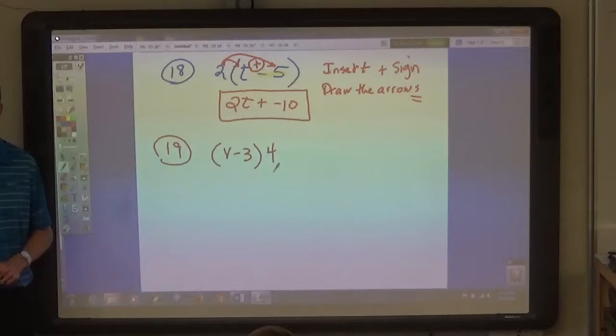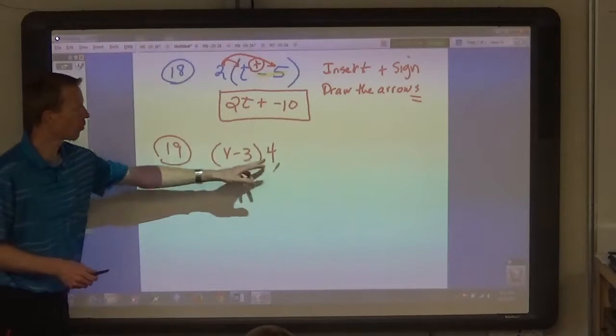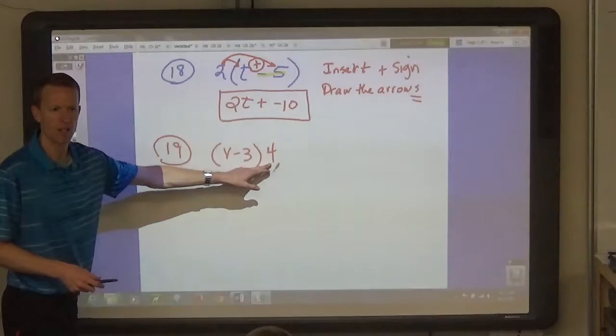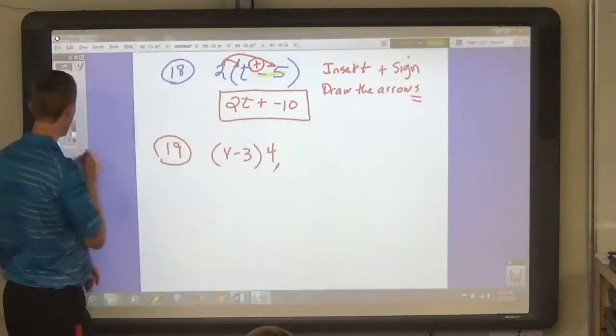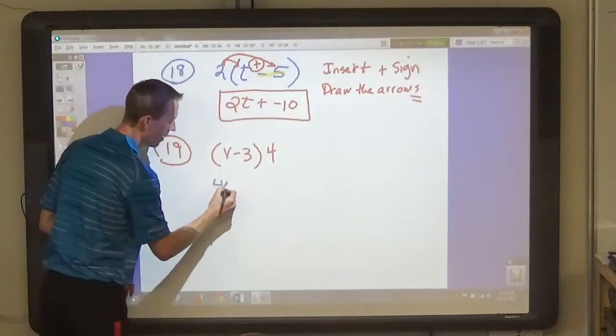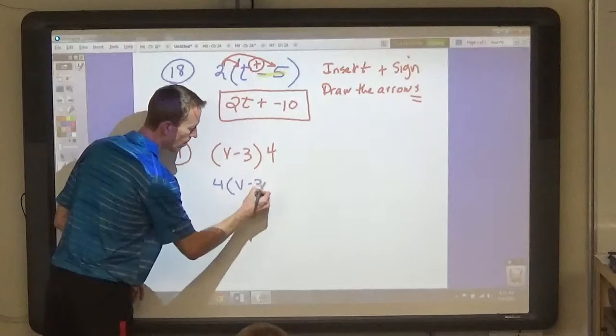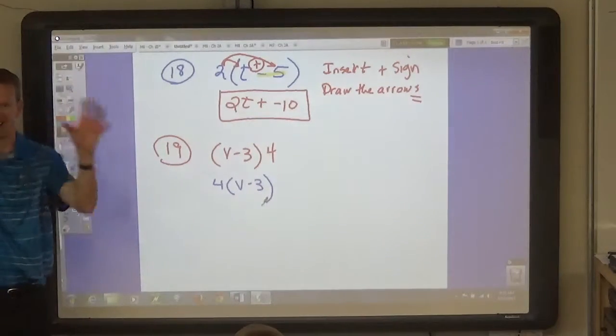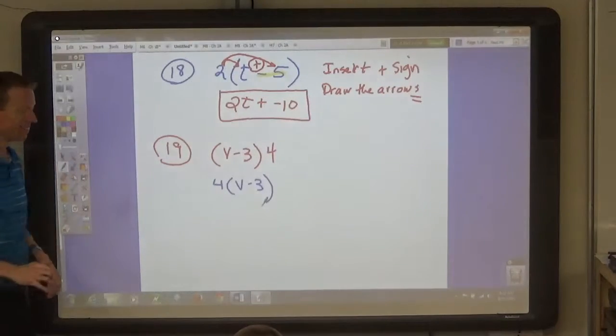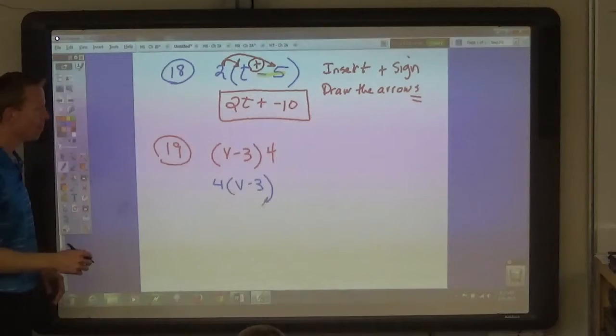What's different about this one? Caleb? It's backwards. It still means 4 times this, right? Would it be correct to write it this way? Yeah. Why? It's a commutative property.